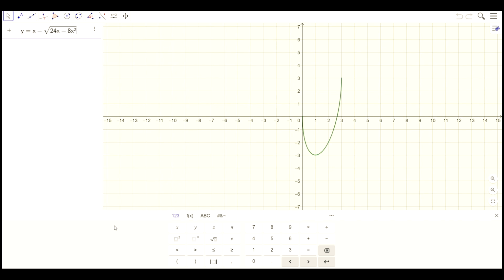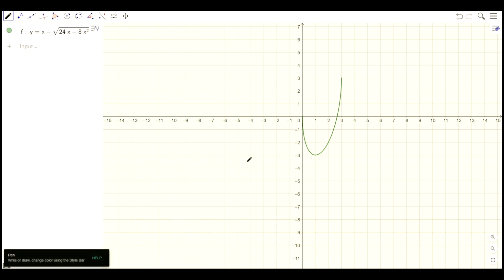So this is the function. You see the highest value of this function is achieved at the final endpoint, and the lowest value of the function is achieved here, which corresponds to the internal critical point 1.